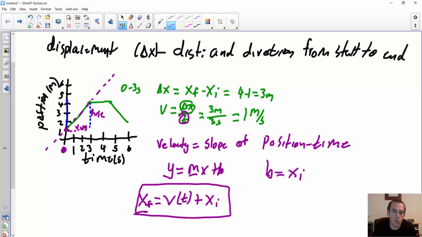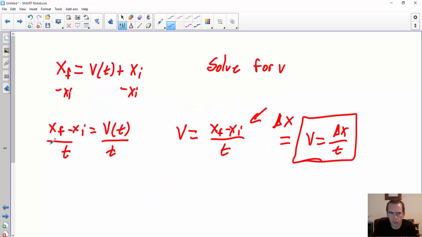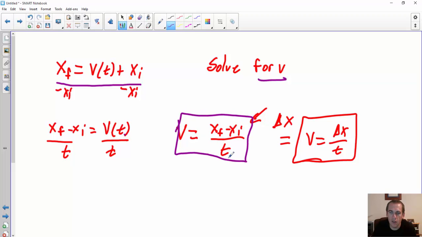If we know that one equation, we know how to find where something's going to be. We also know how to find something's speed, or at least its velocity. If we take this equation, final position equals velocity times time plus initial position, and solve it for v, what we get by subtracting xi from both sides is xf minus xi equals vt, and then we divide both sides by t to get velocity equals xf minus xi over t.